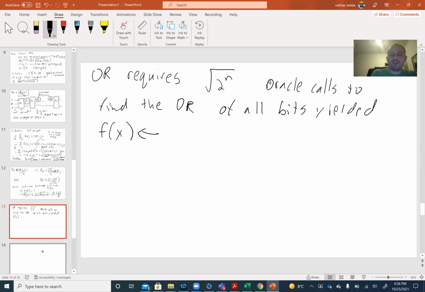And solving this problem is equivalent to determining whether a marked state exists.